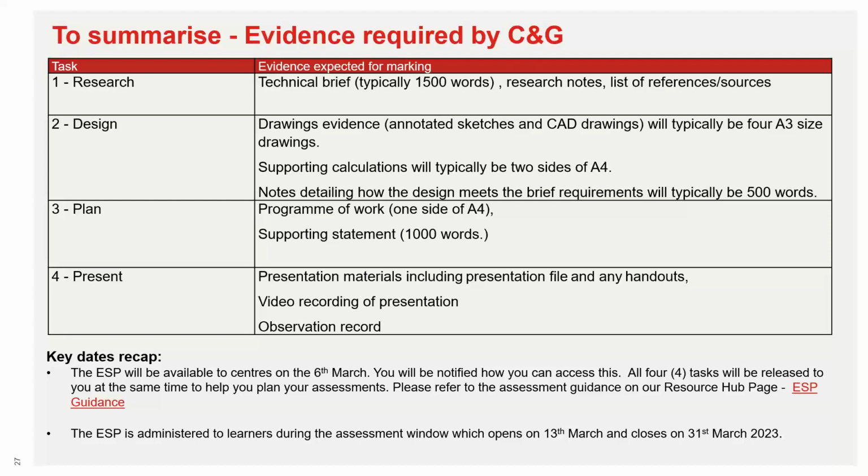For the plan, we want one side of A4 work and a supporting statement of 1,000 words. And for the presentation skill, we want those materials: the slides, any handouts, the recording, an observation record of what took place, and those questions. I'm sure you've heard enough of me by now, so I'm going to hand back to Sam, who's going to take you through the final part of the webinar. Thanks, Sam.